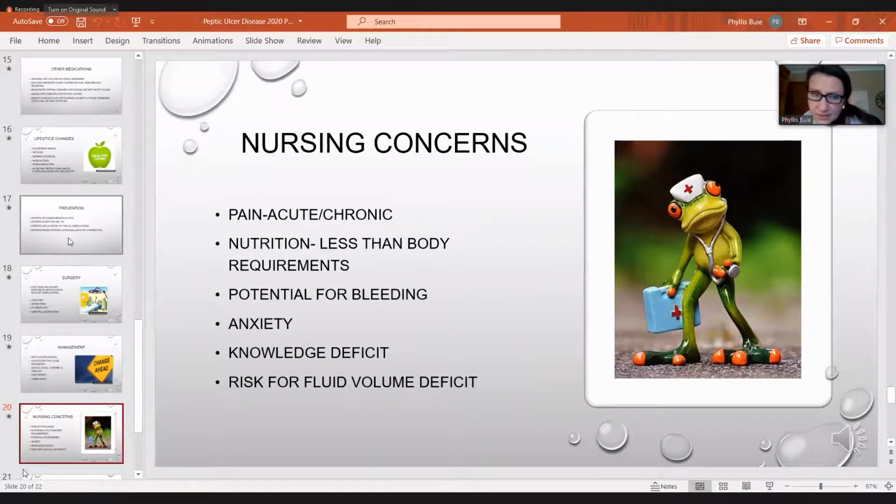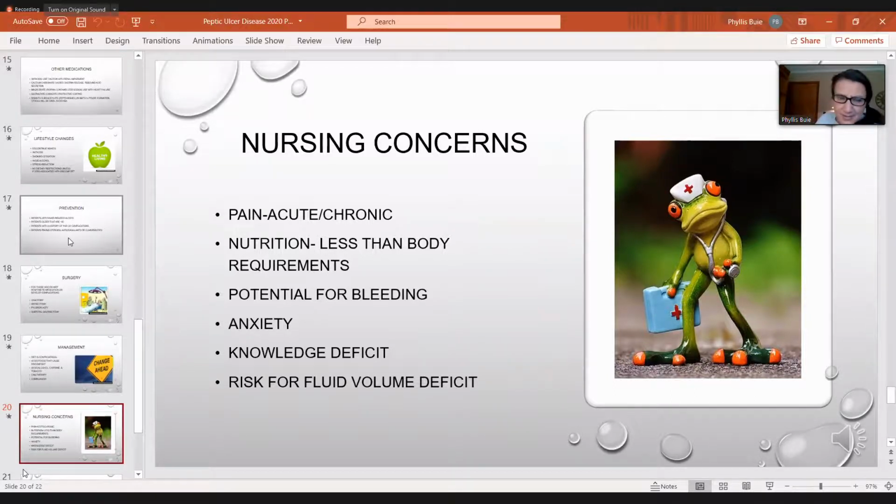We don't encourage bedtime snacks. We like to encourage them to stay away from that. And the alcohol and the tobacco are going to increase the gastric production. So it is going to make it more likely for them to have more discomfort and a higher likelihood of developing the ulcers if they don't. But you and I both know that some people you're not going to change. So if we can just encourage them to limit their amount.